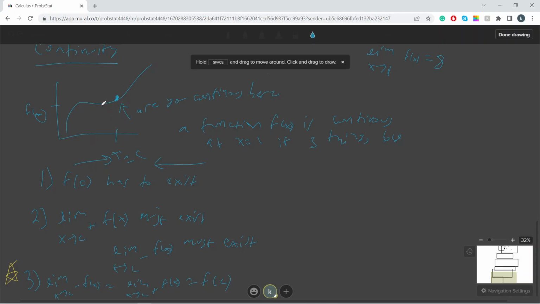So you can say for certain that at x equals c, the function is smooth or continuous. So this definition unifies the number 1 and number 2 conditions in the continuity check.